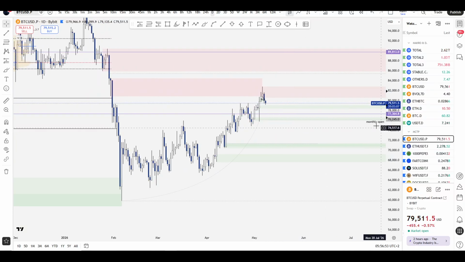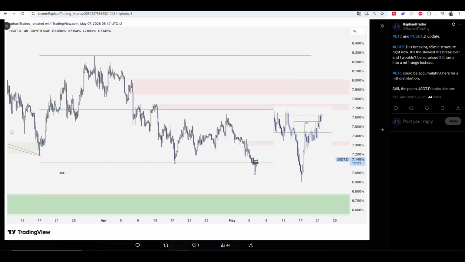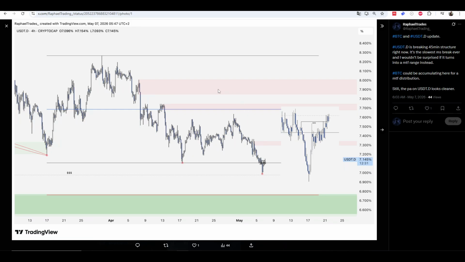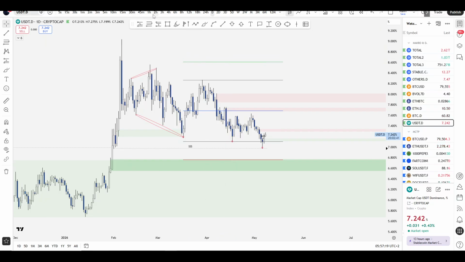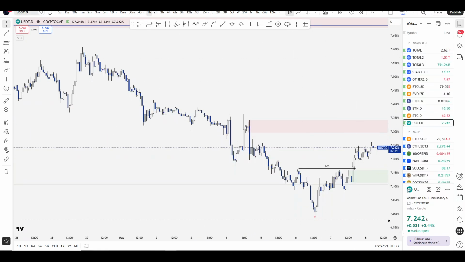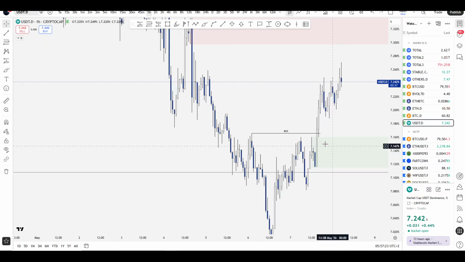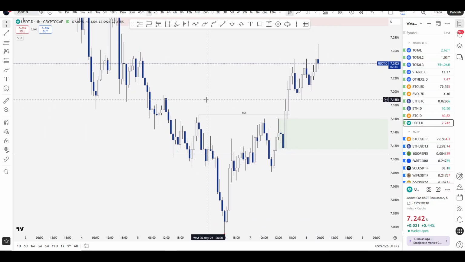If you are following me on X, I posted yesterday that we are currently confirming an accumulation model on USDT dominance, and we broke 45-minute structure, but now we even broke the main high, and it was this main structure.